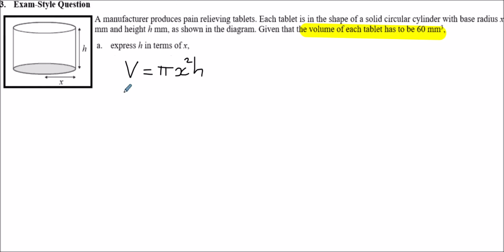So first off, we can now say that 60 equals pi x squared h. Now we can rearrange this to find h in terms of x. So therefore, just dividing through both sides by pi x squared, we get h equals 60 all over pi x squared.